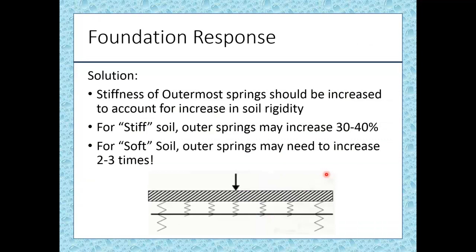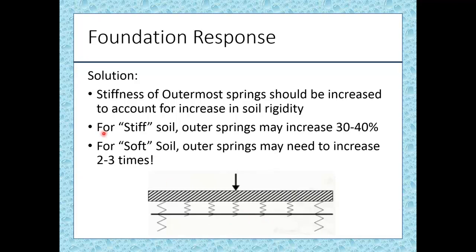So what is the solution of these two issues? The solution is that we should not use one zone of springs, but at least two zones, with the outermost springs being higher than the springs at the center.